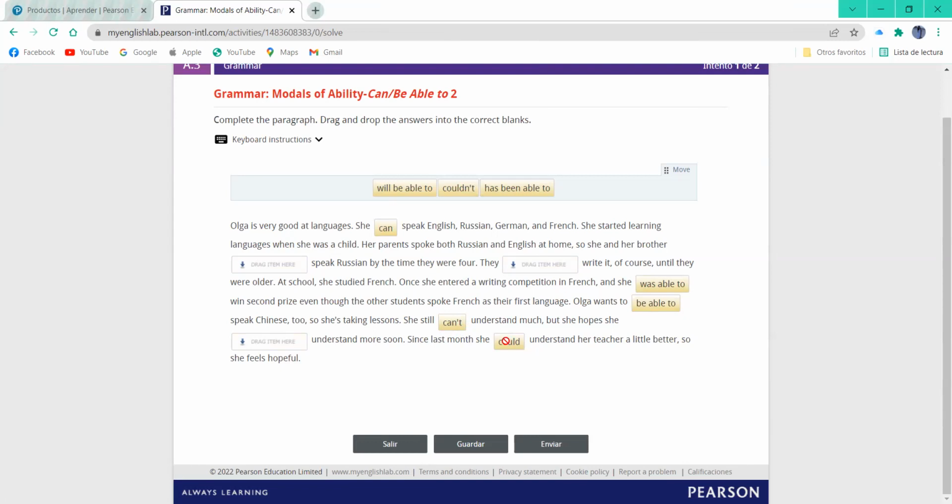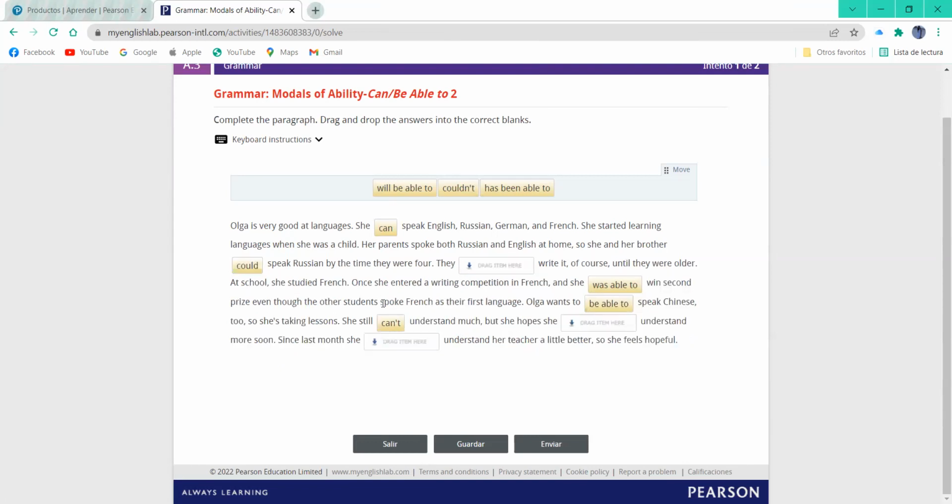Yes, right. Because if her parents could speak Russian by the time they were 4, it is like an exception. They could or couldn't. Right. Couldn't. Yes. Of course, until they were older.